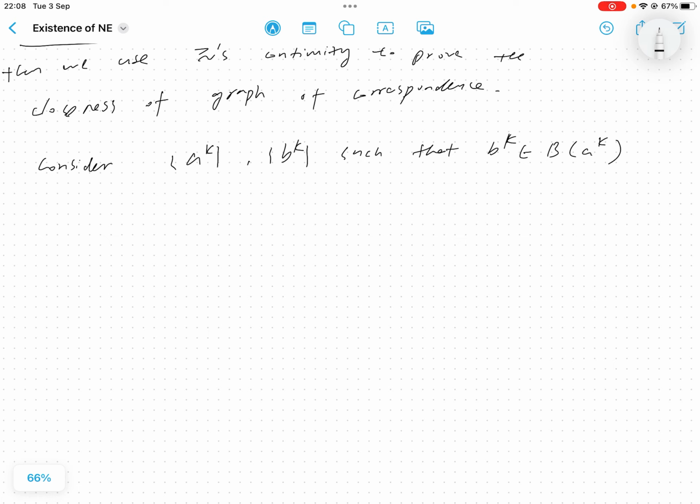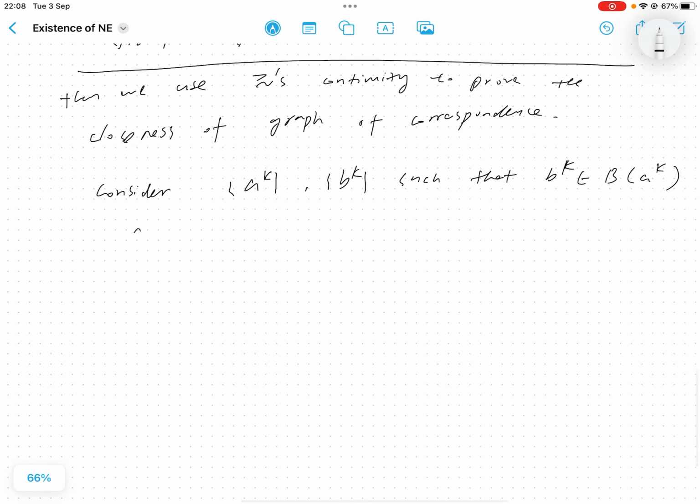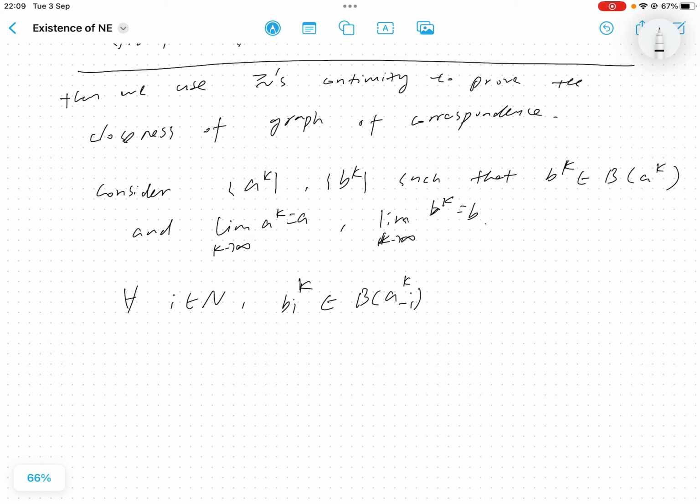Also, the limit of a^k equals a when k is approaching infinity, and the limit of b^k is b, right? Okay, those are pretty standard. So for all the i's from N, b_i^k is an element of B_i(a_-i^k), okay?